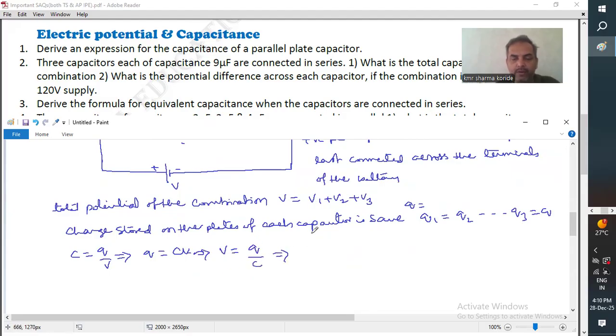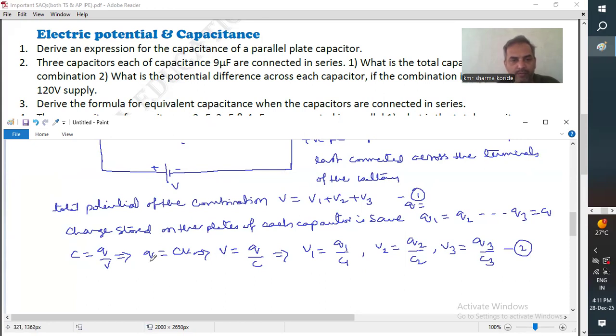Therefore, V1 can be written as Q1 by C1. V2 can be written as Q2 by C2. Similarly, V3 can be written as Q3 by C3. Call this equation 1, and call all three as equation 2.